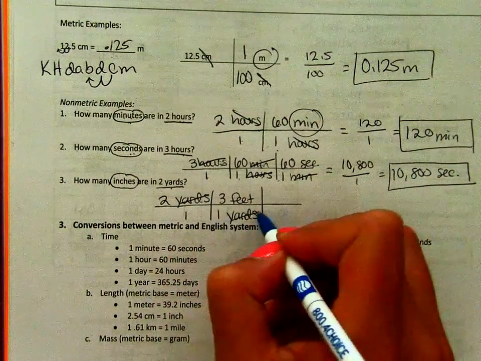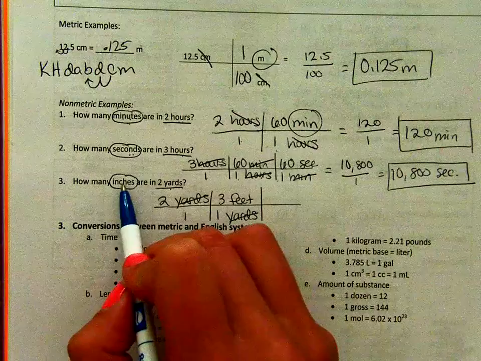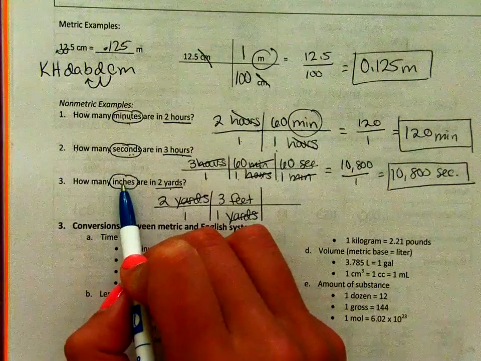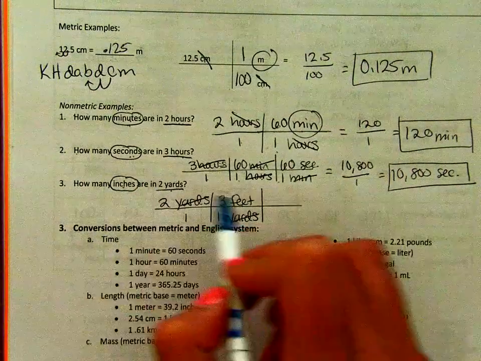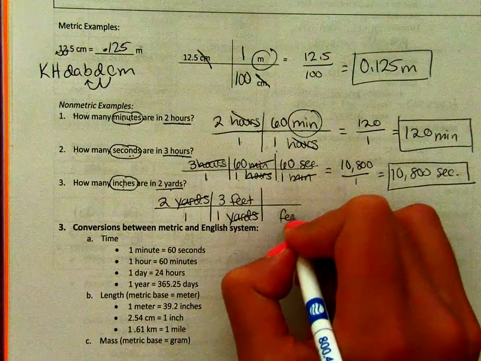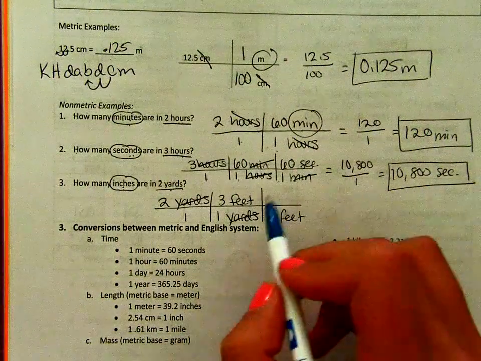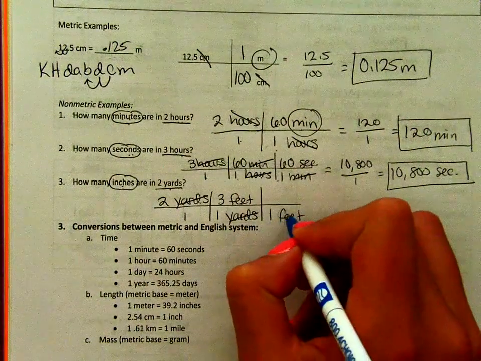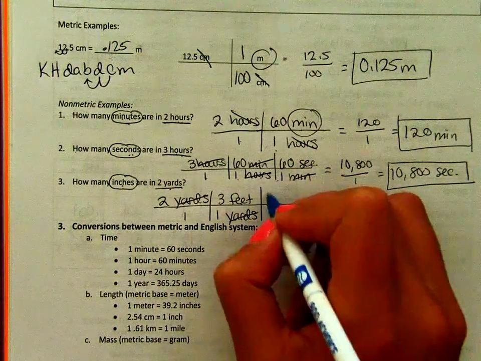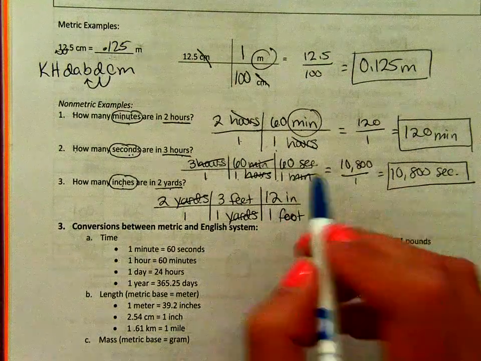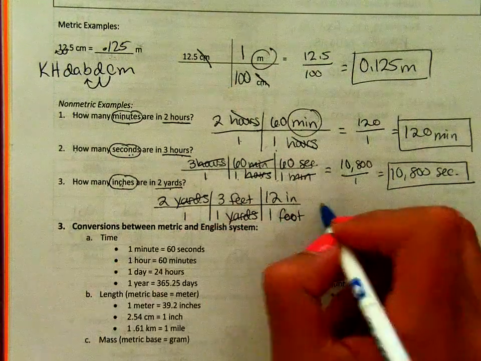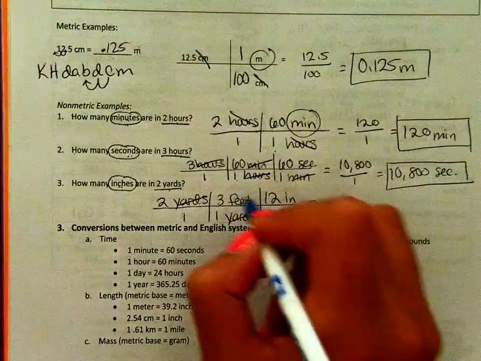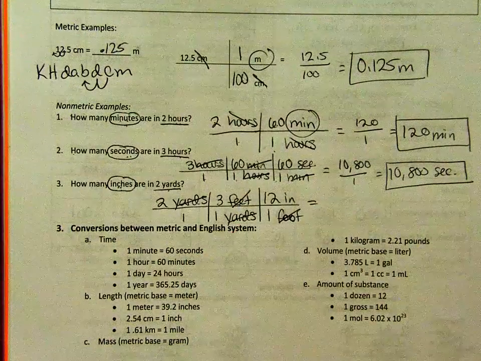Cross off my yards. I'm at feet. Do I have my final destination? Nope. I'm going to keep going. So I'm going to bring feet down. I know that in 1 foot, there are 12 inches. Am I at my final destination? Yes, I am. And the feet and foot will cancel out.